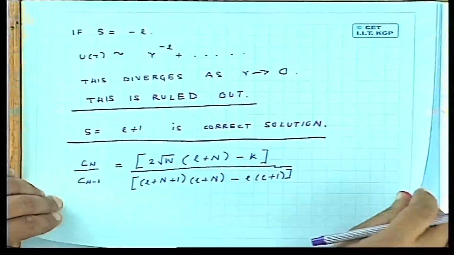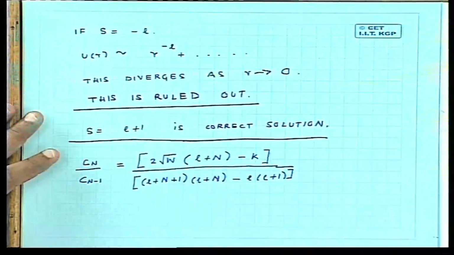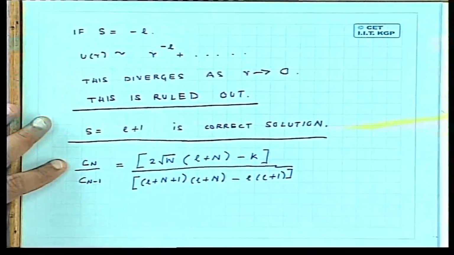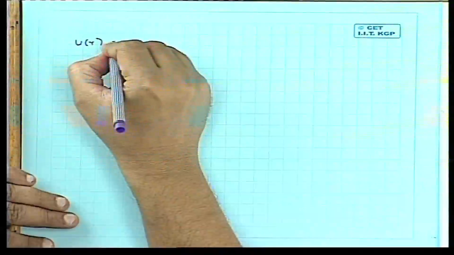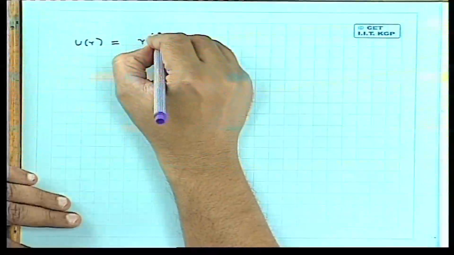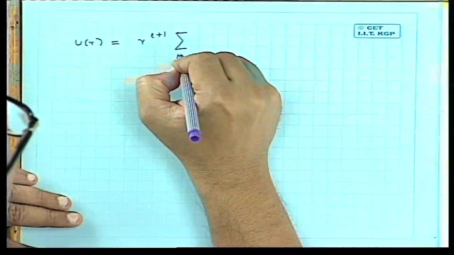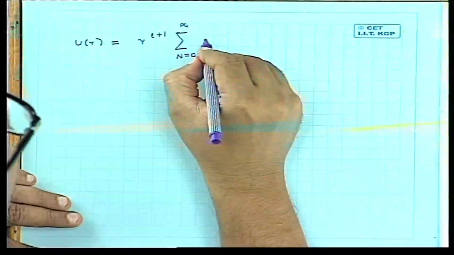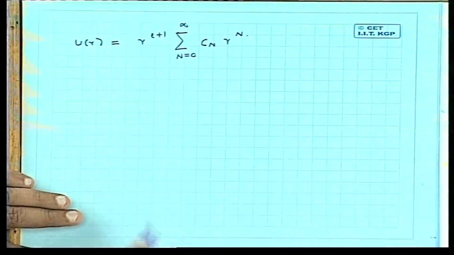Now let us look at the behavior of this series for large values of R. So the series which we have, let me just write down the series again. U of R is equal to R to the power of L plus 1 outside as an overall factor, and then we have the sum n going from 0 to infinity Cn R to the power of n.